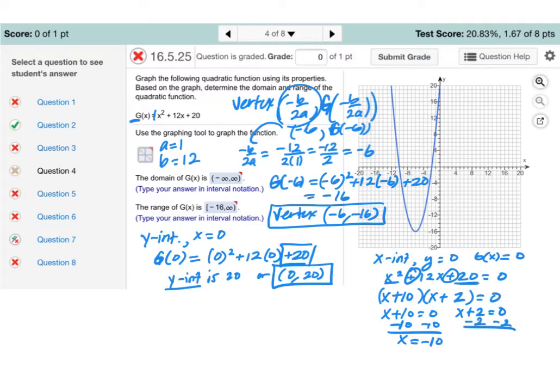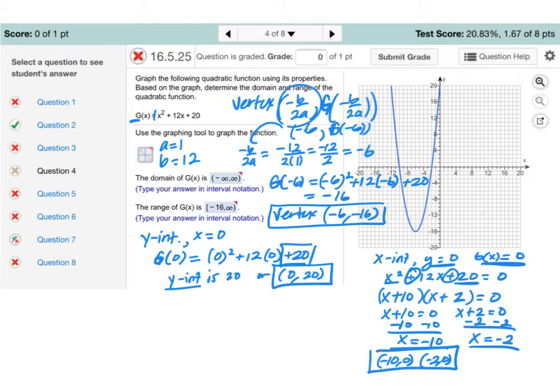Minus 2 on both sides of this equation to get x equals negative 2. And so our x-intercepts are negative 10 and negative 2, or they can be expressed as the ordered pair negative 10, 0, and negative 2, 0, because we know the value of y, or the value of g of x, is 0.